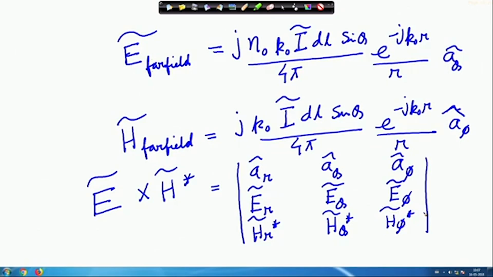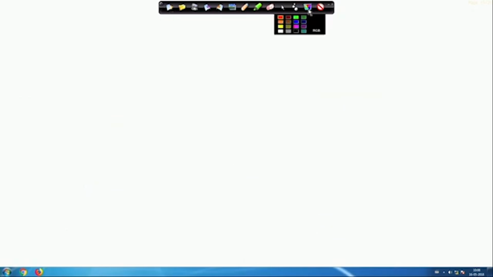But you know that in our case we do not have these components. So, these are zeros here and you can find this expression.